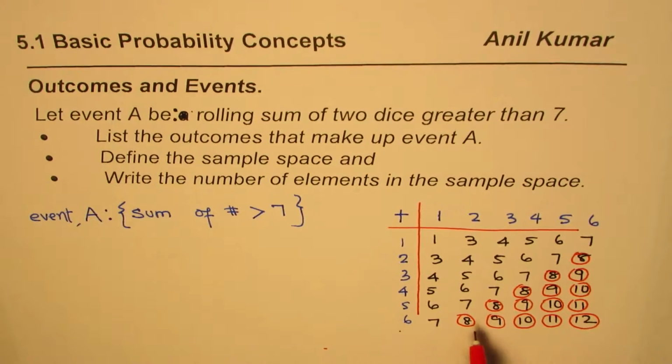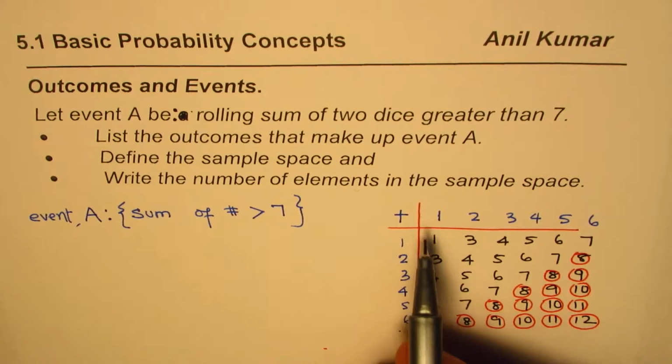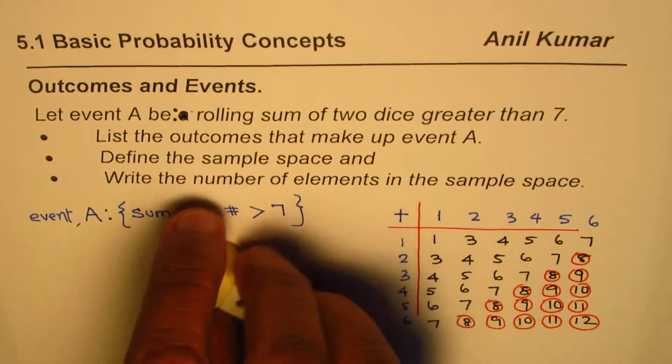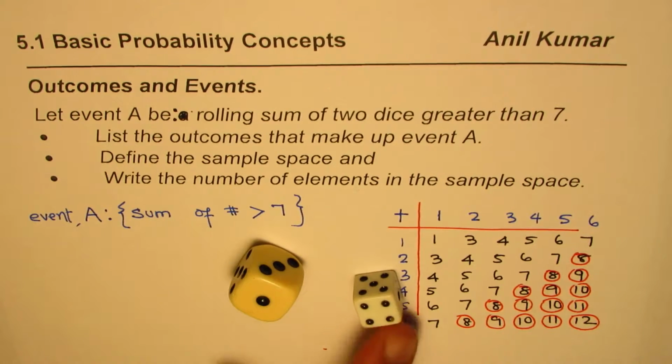What is the outcome? We can think that these two dice are similar. We could call them with different colors, but let's say this is one die and we have another one which could be smaller, for example, like this. And we are rolling these two dice as a part of our experiment. So we get 1 and 4.